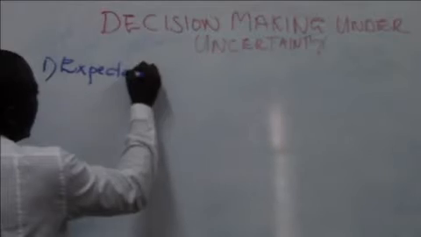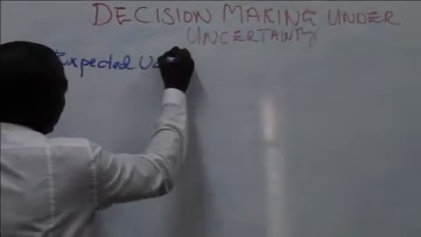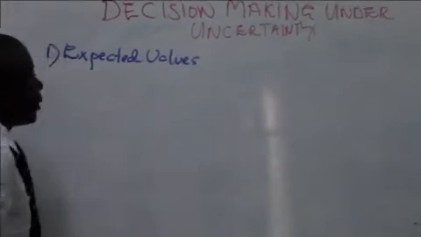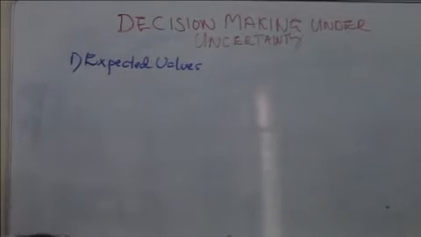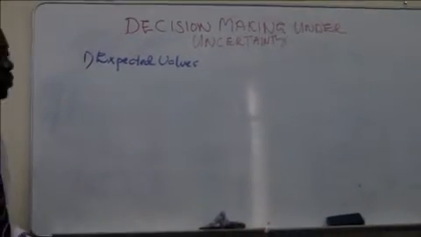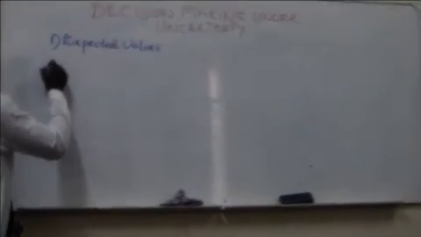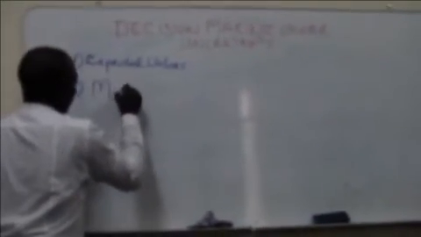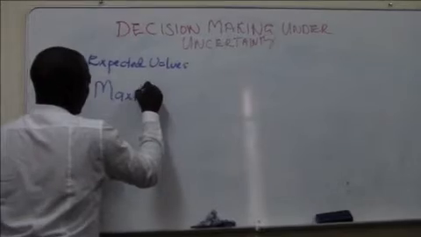What we're going to look at next is other decision rules. Obviously, we've already looked at expected values, which we can't ignore. There are also other decision criteria. I want to move a further step, and we're going to consider what is known as the maximax approach.